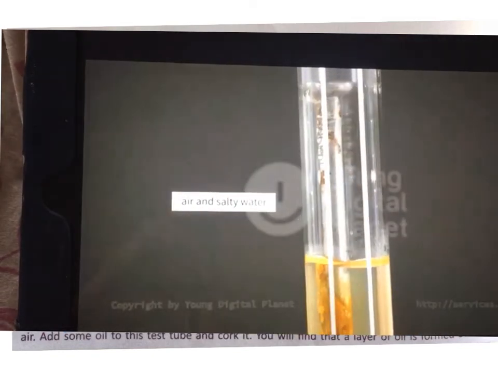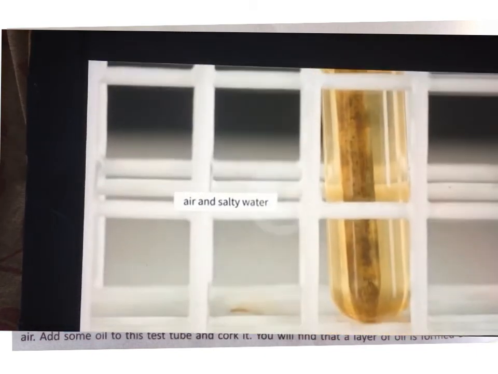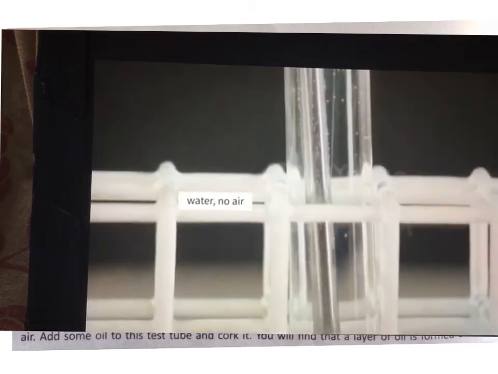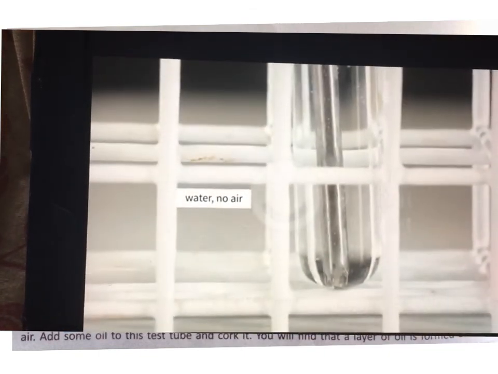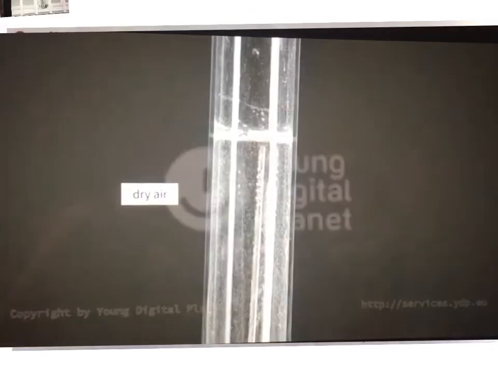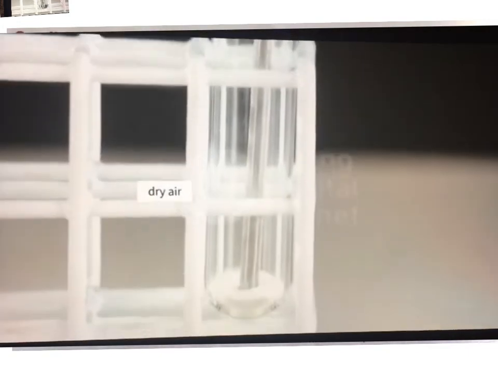In second test tube, air and salty water was there, so we can see the rusting there too. In third test tube, however, there was no air, so no rusting took place. In the fourth test tube, there was no water, so that's why no rusting took place.